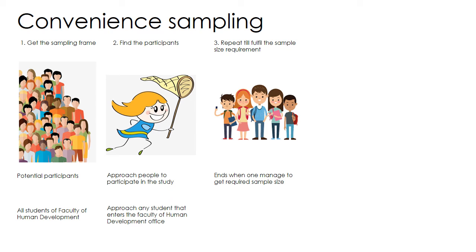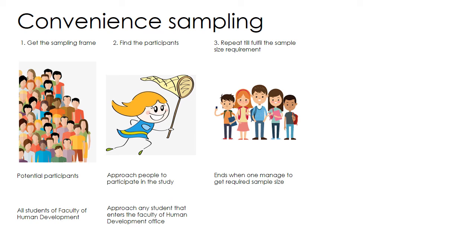So instead of getting the list, what you do is you approach people to participate in the study. You stand right in front of the Faculty of Human Development office, and then you invite participants to take part in your study. So you are approaching them and getting participants for your study.